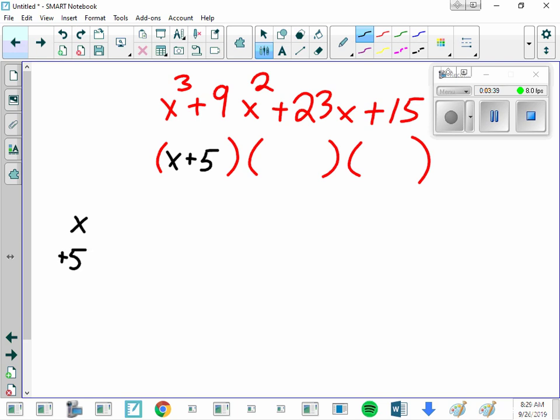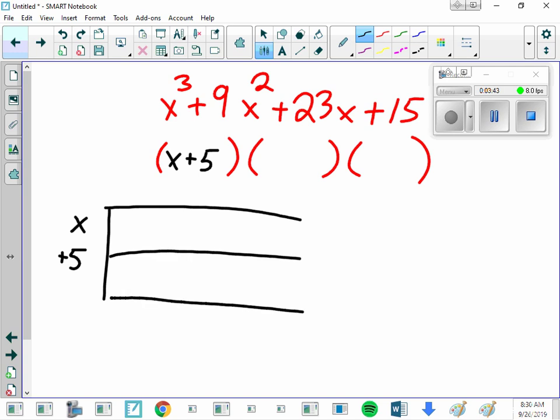Everybody do this. This is problem number 1. And I don't know how many rows this equation has. What's the first step? I said rows. I don't know how many columns it has. We bring down the x cubed.